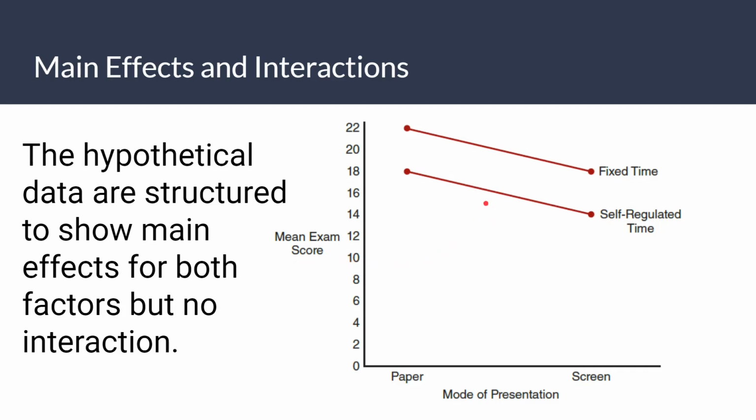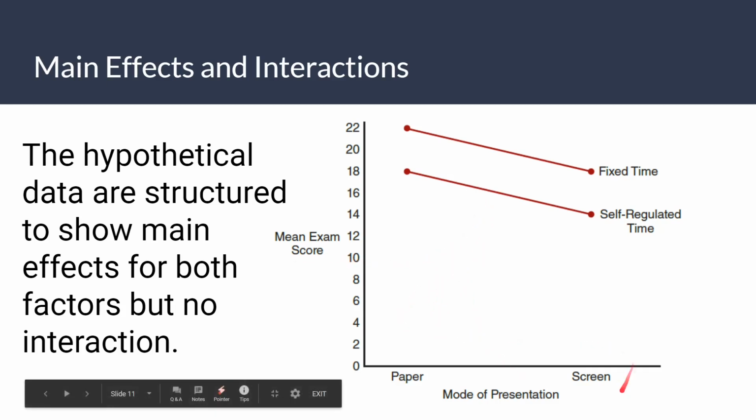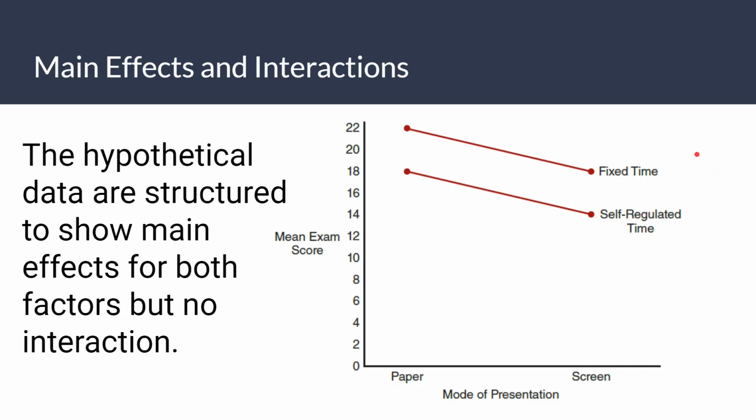Basically, what this chart is telling us is that if you read using a screen instead of on paper, then there would be a lower mean exam score. However, the scores of those who had a fixed time and those who had a self-regulated time did not differ that much. Their difference is only around 2 points, both on paper and on screen. So there is no noticeable interaction between the variables.